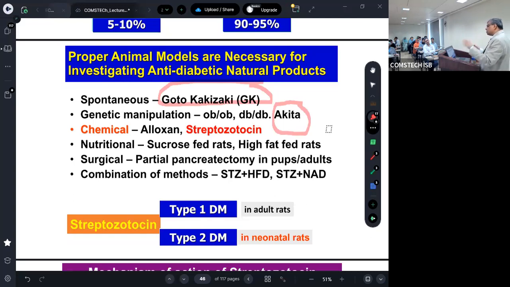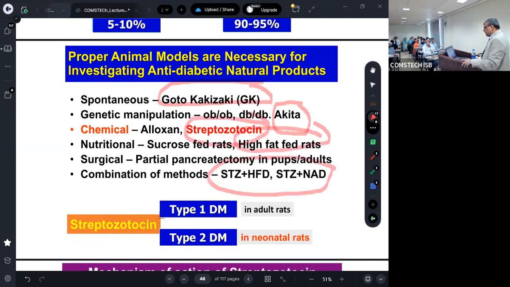Sometimes we use a high fat diet plus streptozotocin, or streptozotocin plus nicotinamide. These are different ways to make diabetes. I will discuss four kinds of model with you: streptozotocin, high fat diet, high fat diet plus streptozotocin, and streptozotocin plus nicotinamide.